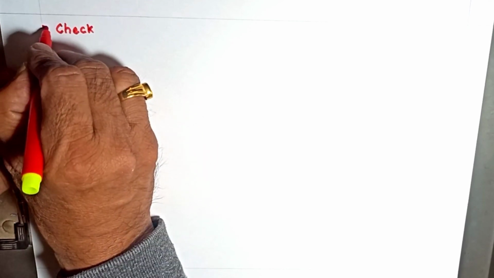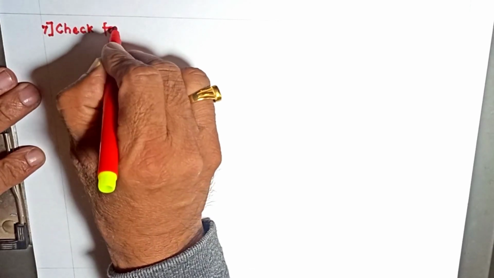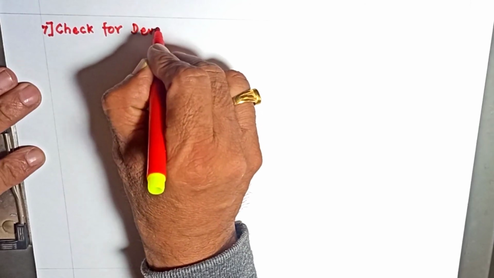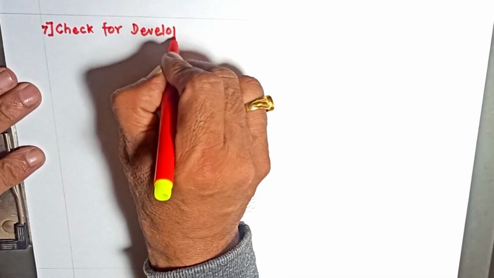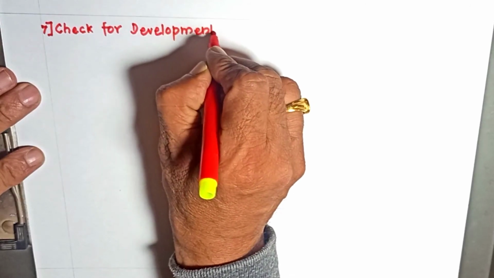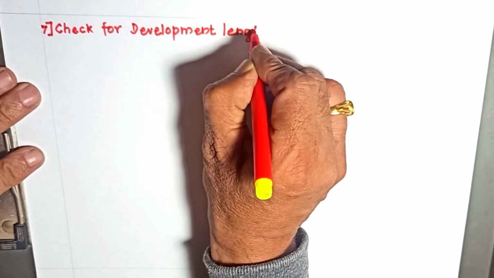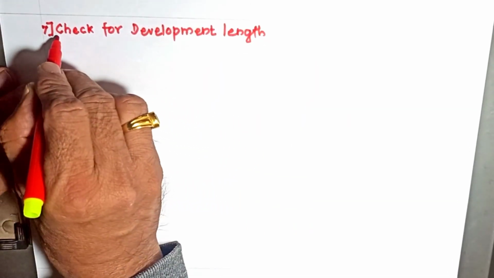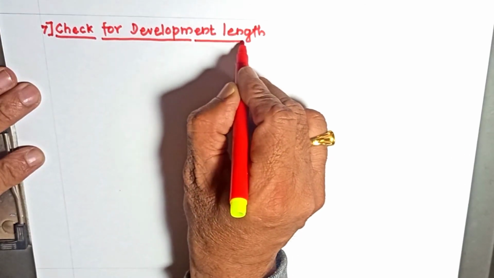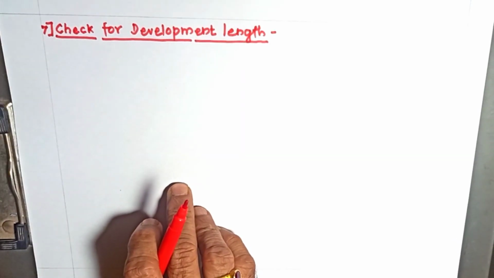This is 7th step, check for development length. Now let us see how to go for check for development length.